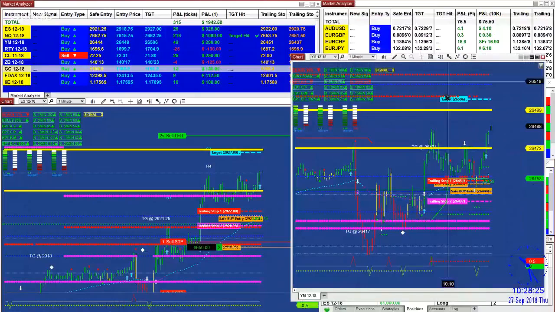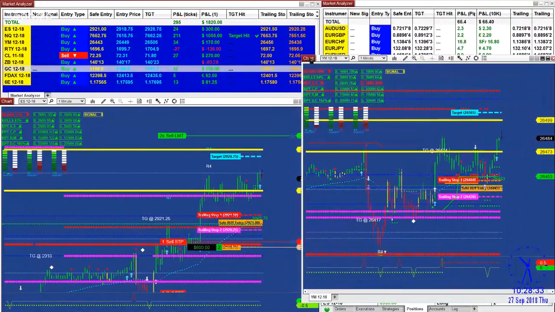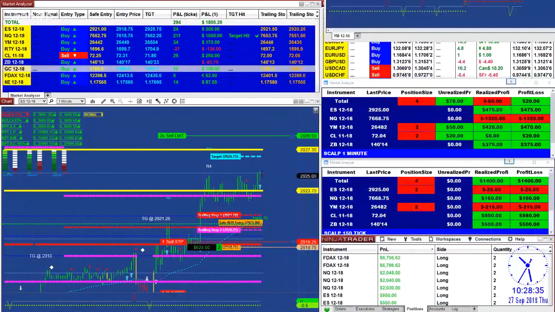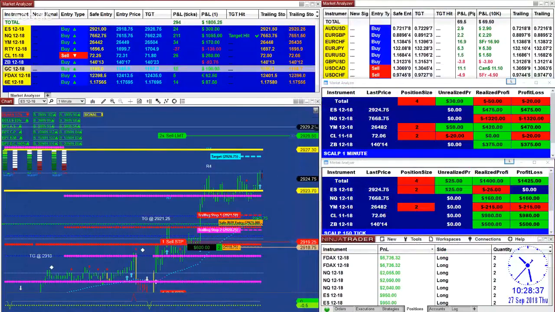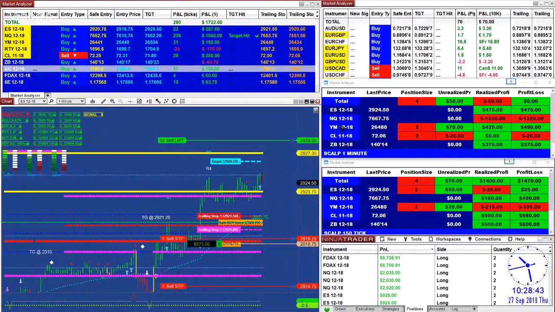It's shooting straight to the target, and the target is 507, but good luck with that. So right now we are on hold, and there is no trade.